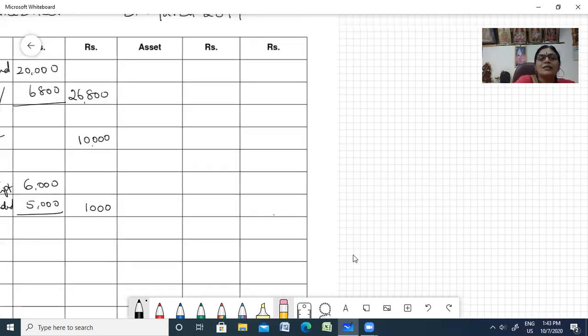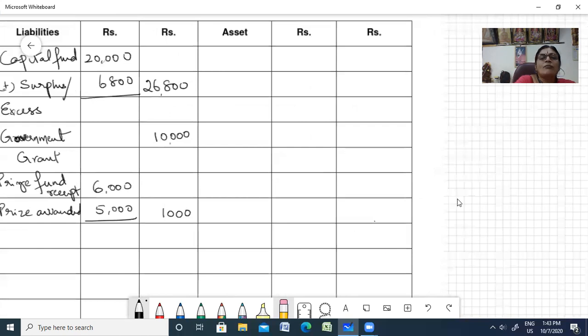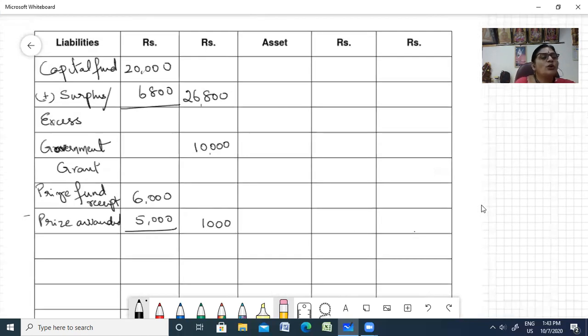Now, asset side. First, you have your books purchased. That's an asset. What was the total books purchased? Book purchase is 15,000.